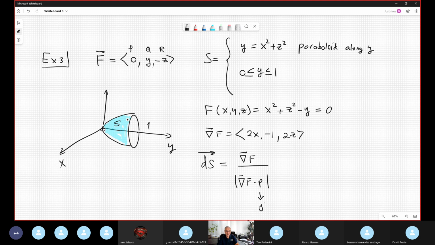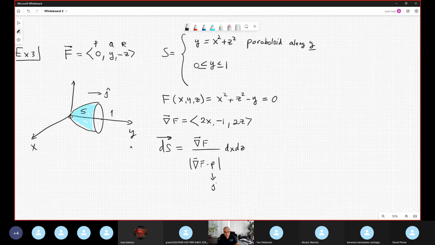Since it's j, here we have dx dz. Because you know the paraboloid is along the y-axis, so I'm using j. You know j is in that direction. Okay, so now it's easy.